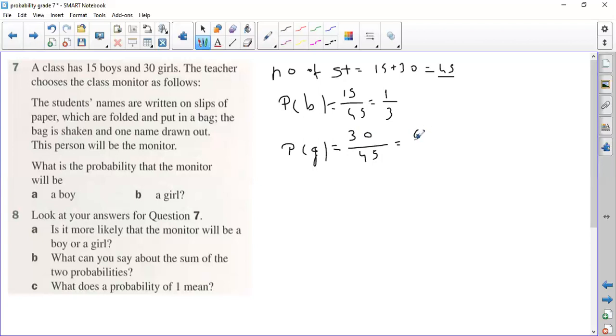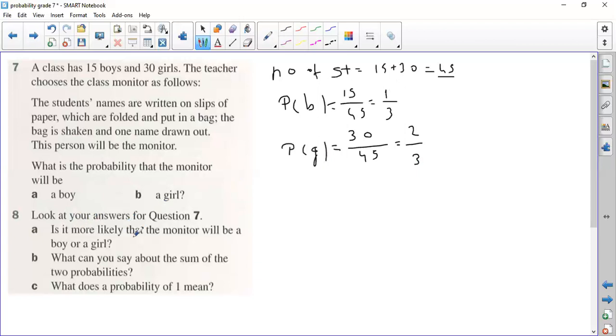It will be 6/9, and again with 3, which means it can be simplified with 15. It will be 2/3. So these ones are the probabilities. If we add them, we'll get 1. 1/3 plus 2/3 is 1.